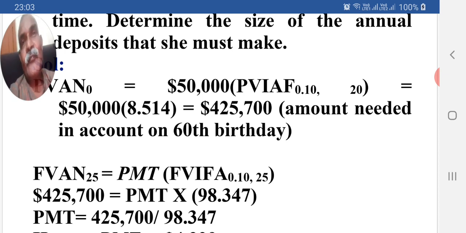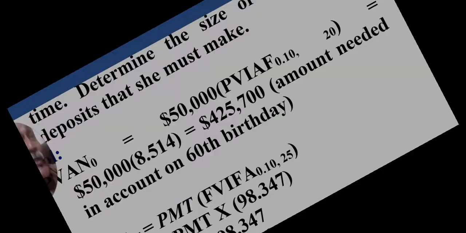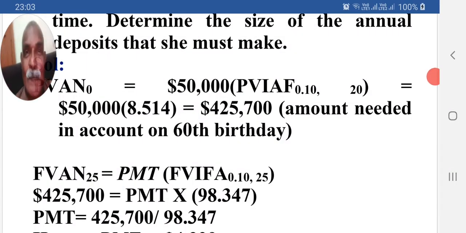The amount you have calculated, 425,700, which was your present value, now becomes your future value at the age of 60.